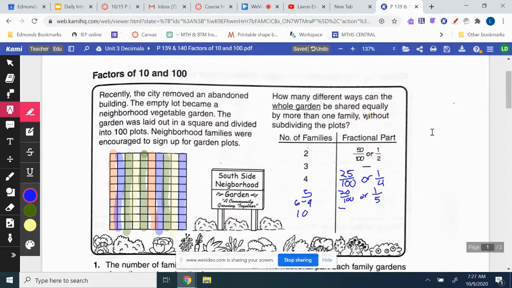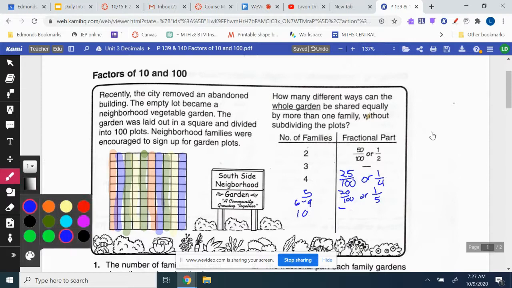So they each get 10 out of 100, or 1/10.